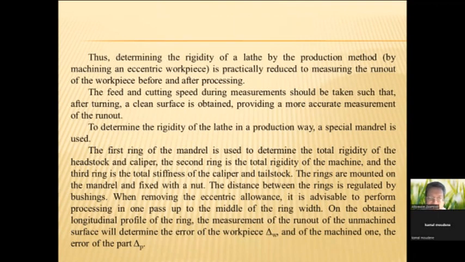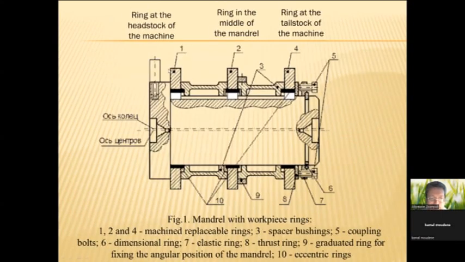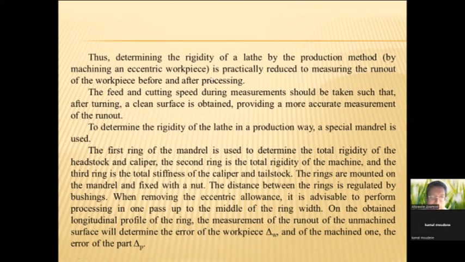Thus, determining the rigidity of a lathe by the production method is done by machining an eccentric workpiece. In previous slides, you can see the rings. All 3 rings have eccentricity. So it is practically reduced to measuring the runout of the workpiece before and after processing.